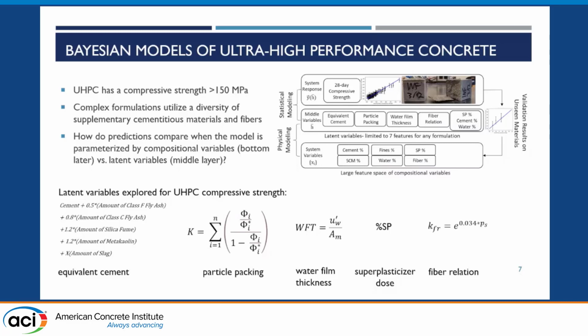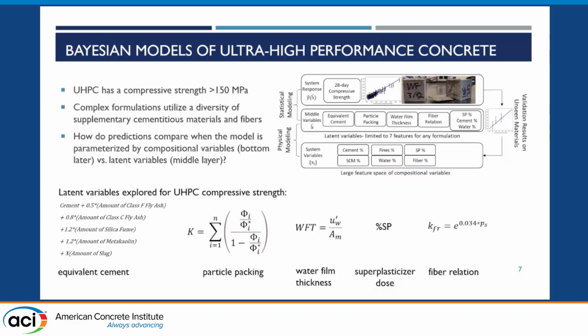It is the amount of cement, the fines percentage, superplasticizer, supplementary cementitious ratio, water content, and fiber, I think the volumetric amount of fibers included. So these are the compositional variables, excuse me. And they constructed a middle layer, which are different features, but based on these compositional variables.